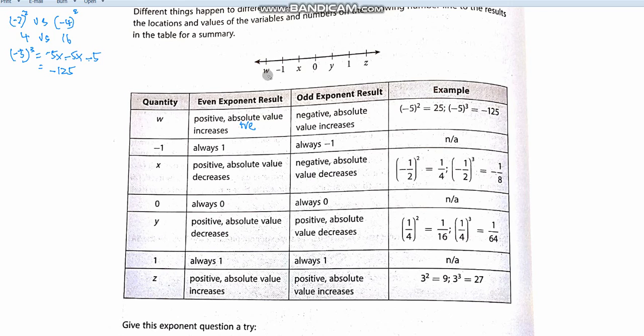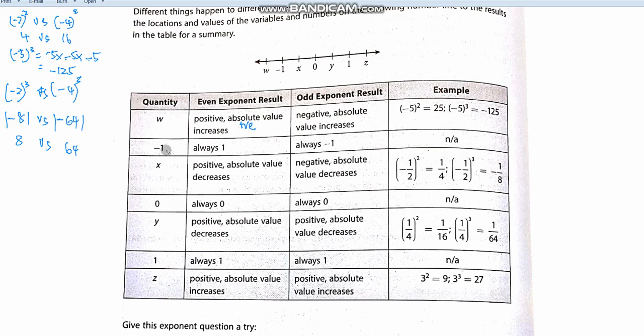What it's saying is, now that we have -125, let's compare -2 cubed, -8, versus -4 cubed, -64. When you say absolute value, you take the positive value. Absolute means you put the two lines, so you take the positive 8, and then the positive value 64. So as the base becomes smaller and smaller, the absolute value increases.